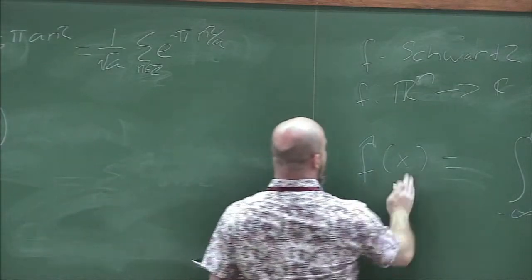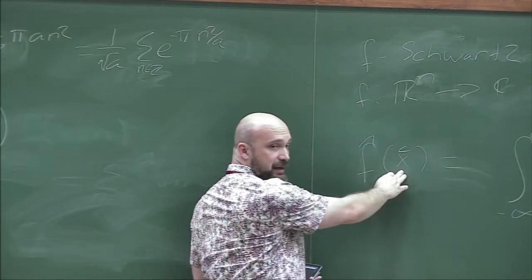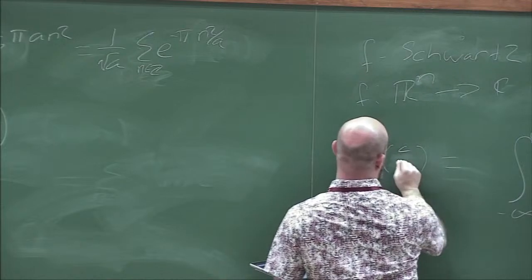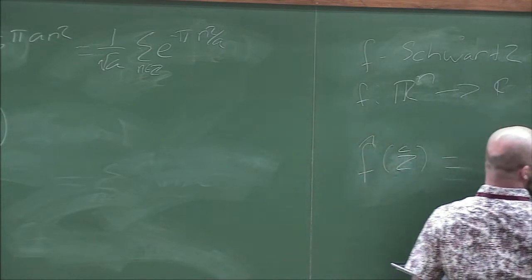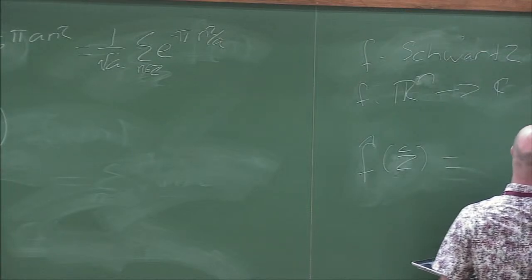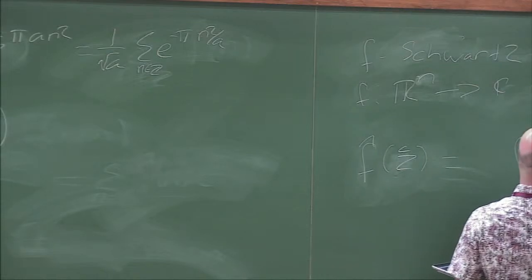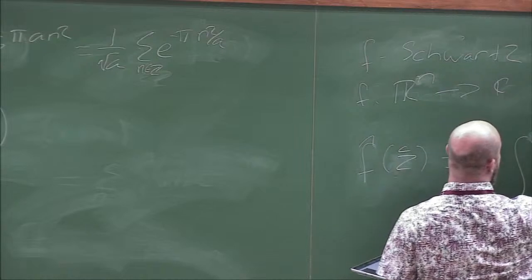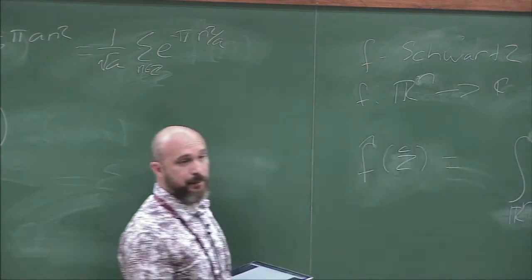Okay? And we'll say that the Fourier transform, I plug in a vector z. On the inside, I'm going to change everything to vectors. Right here, this multiplication has to become a dot product, and then this is an integral over all of R^n.